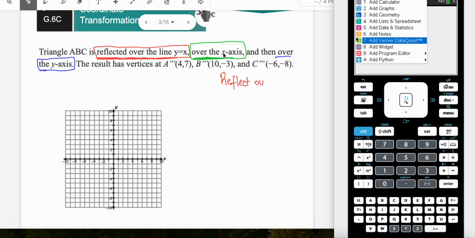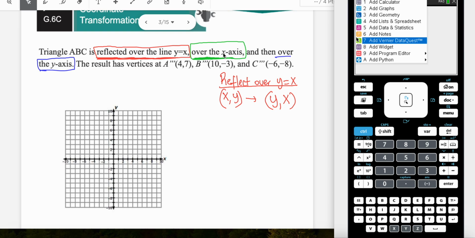So this is reflect over y = x. Now, if you recall, when we reflect over the line y = x, if you have a point (x, y), you just switch position. So it's going to become (y, x).